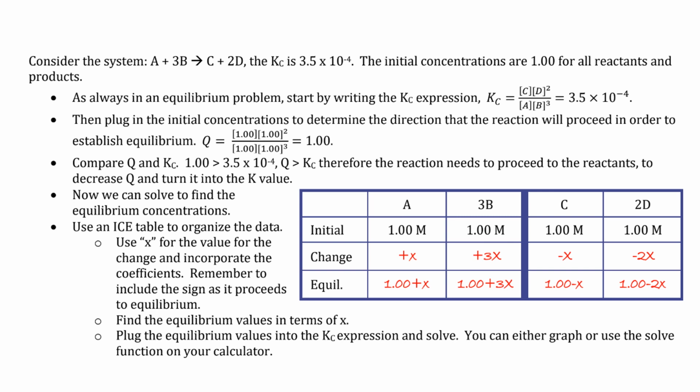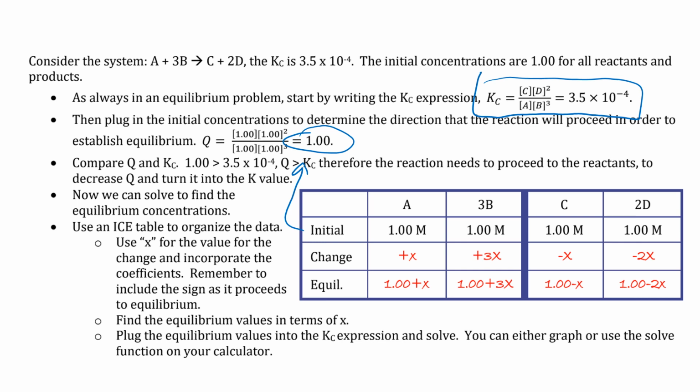You solve for your Kc expression, which you should know how to do already, and then you plug in your initial concentrations or partial pressures, and you end up getting the Q, because this is not at equilibrium. So you do the initial ones.